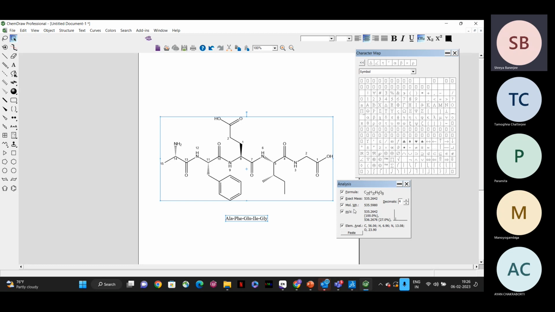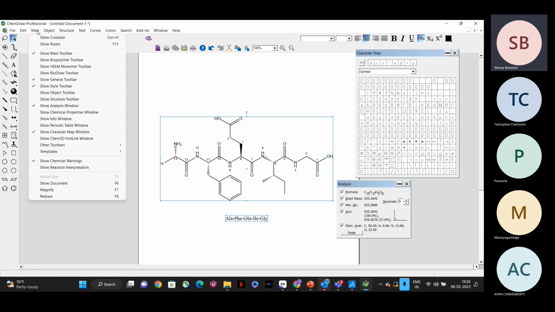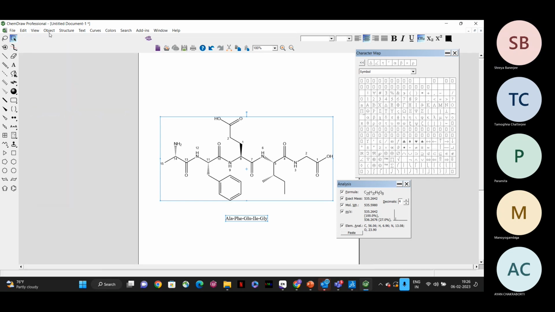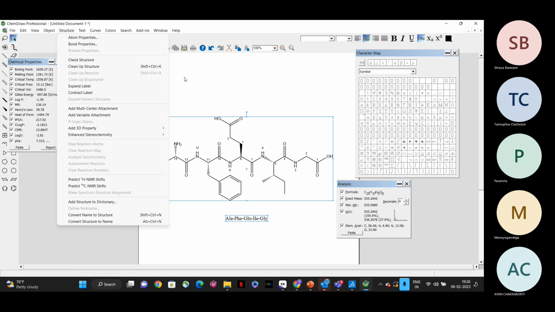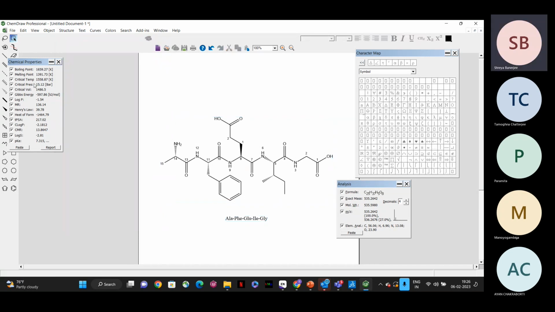So ChemDraw gives you the mass, and other than that, you can get boiling point, melting point, and all physical properties, pKa, these things. So it is not much use for the 3-dimensional structure at all. This is just a very basic software for the 2-dimensional representations.